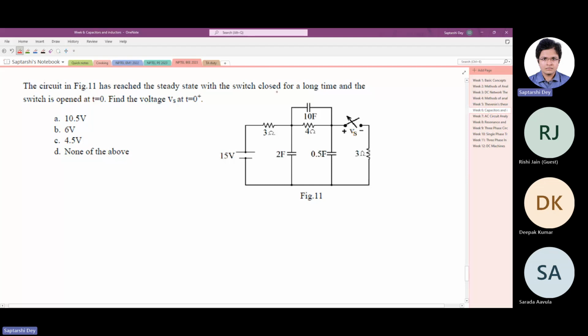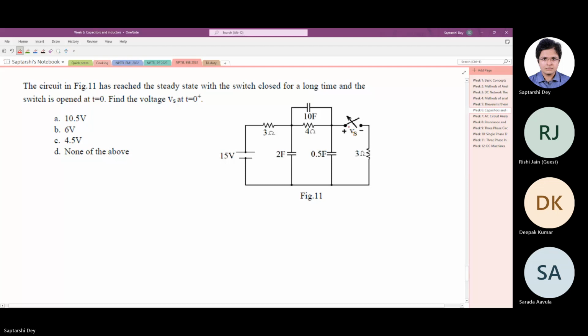So it was closed for a long time. This one was... volts.